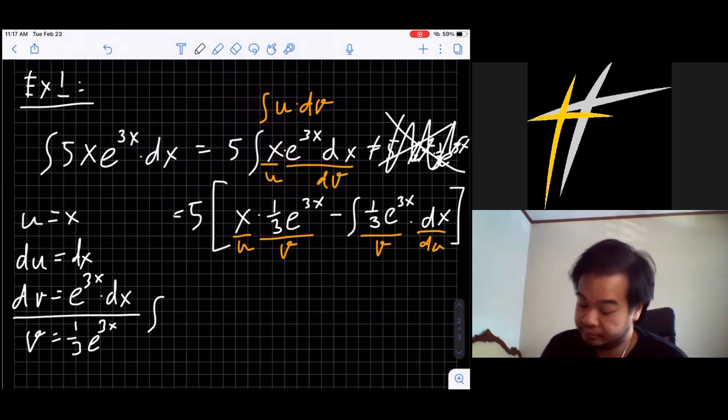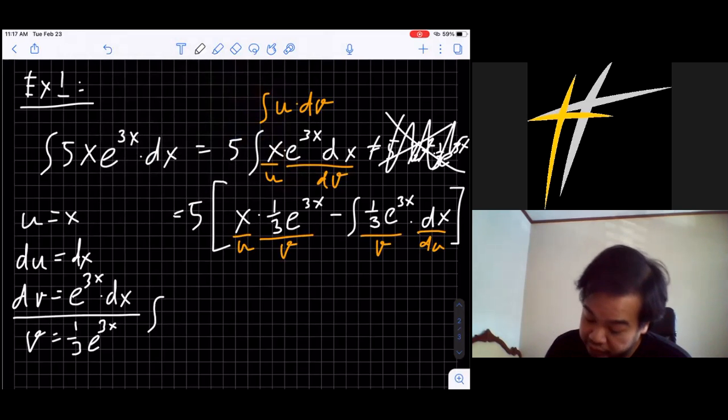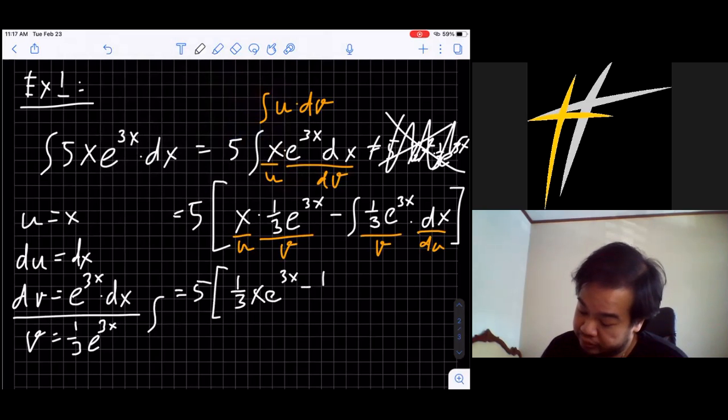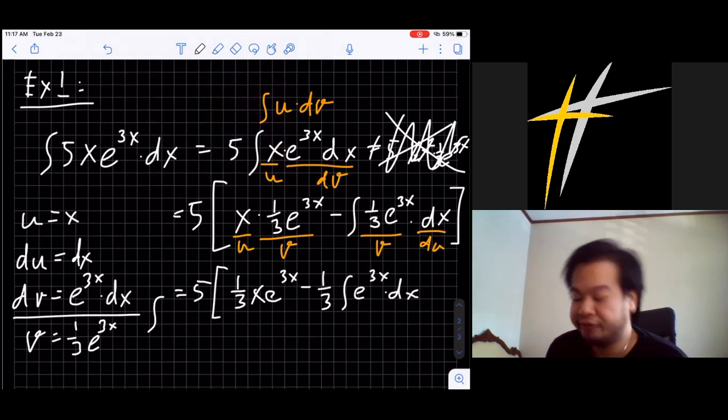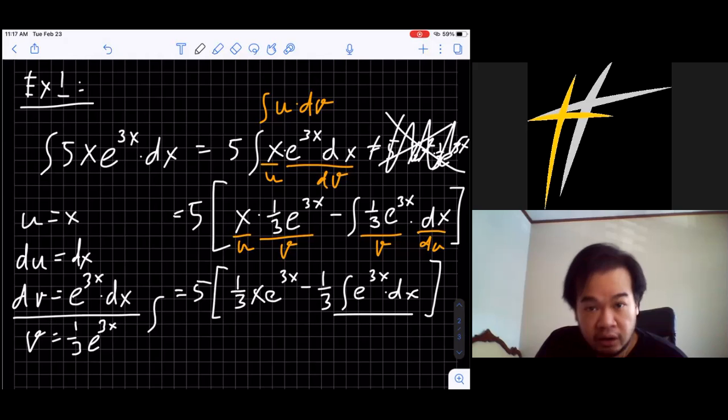Okay. So if I continue, then this will be equal to 5 in bracket 1 over 3 x e power of 3x minus 1 over 3 integral of e power of 3x dx. Now, if you do it correctly, then you will get a simpler integral on the next step. If you do it wrong, then of course you will get it more complex.